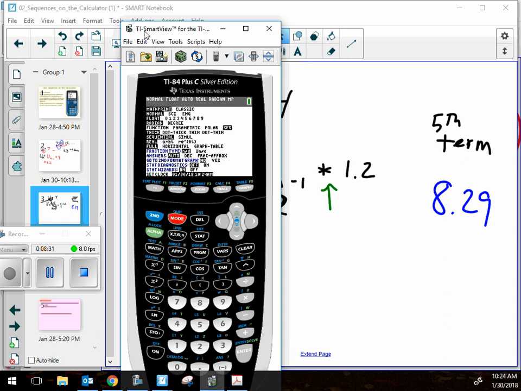Other than that, I want you to go into sequence mode. It's like the 4th, 5th thing down, and it's way to the right, SEQ. You get that? Now you can tell you're in sequence mode when you hit the Y equals button, and it looks totally different than it has before.